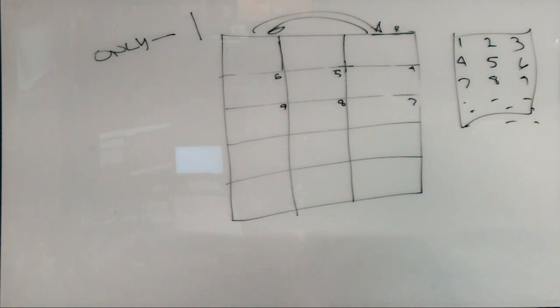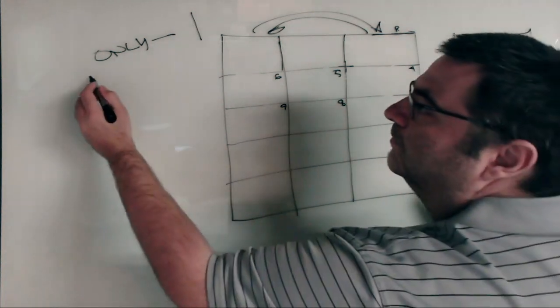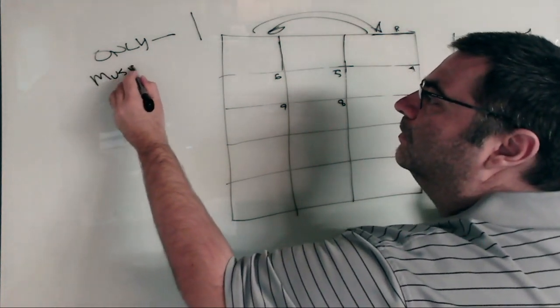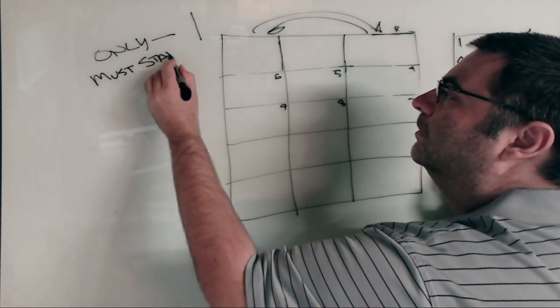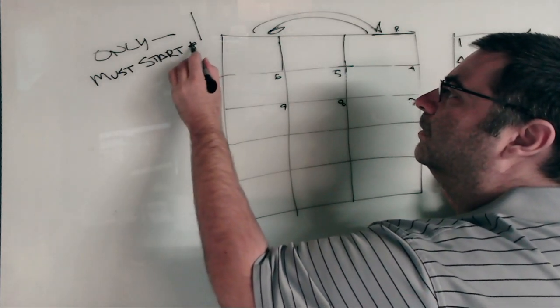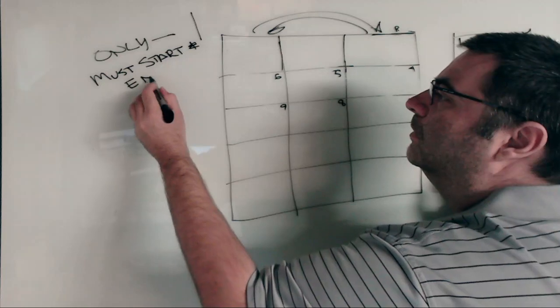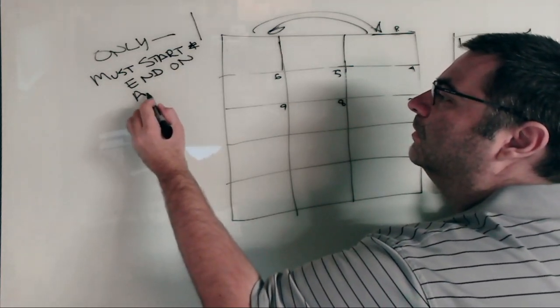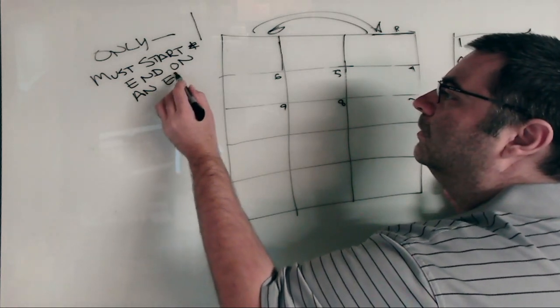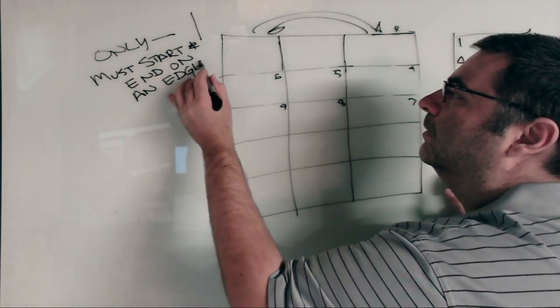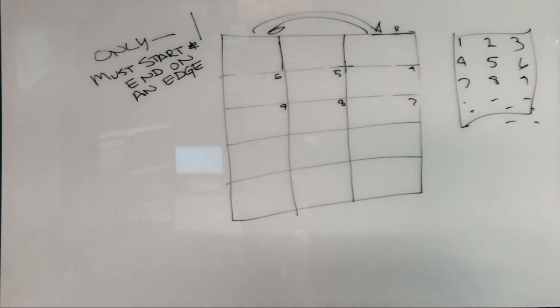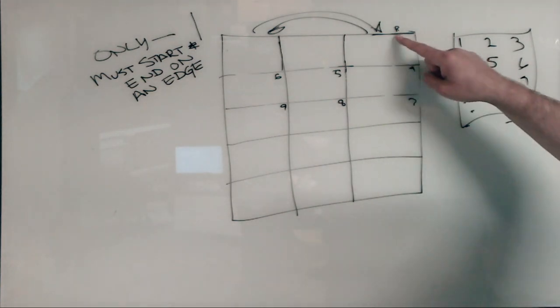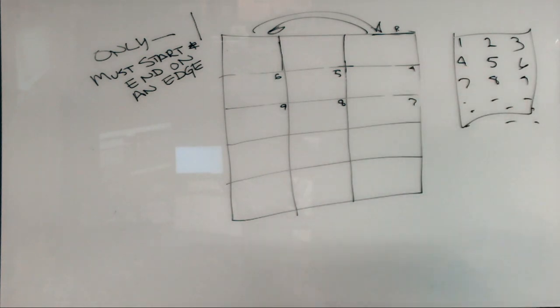The other rules. Must start and end on an edge. Okay, so your lines must start and end on an edge, and I'll explain that in just a second.